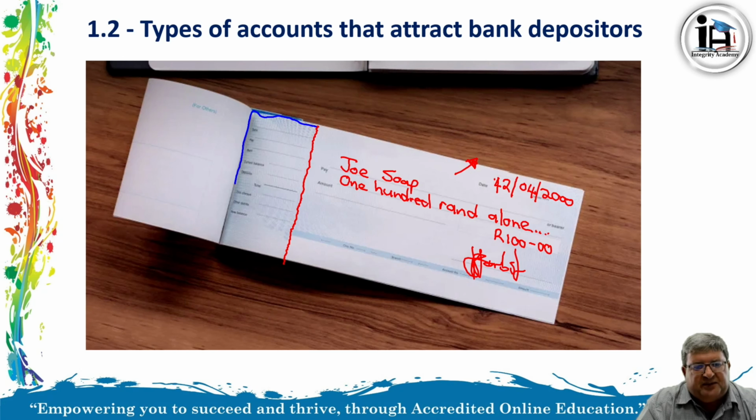This part stays in the book, because here you make all your notes of all the checks you've written out. So I will write here the date I've written out the check, the 42nd of April 2000. I've written it to Joe Soap for an amount of 100 rand. He was banking at ABC Bank.